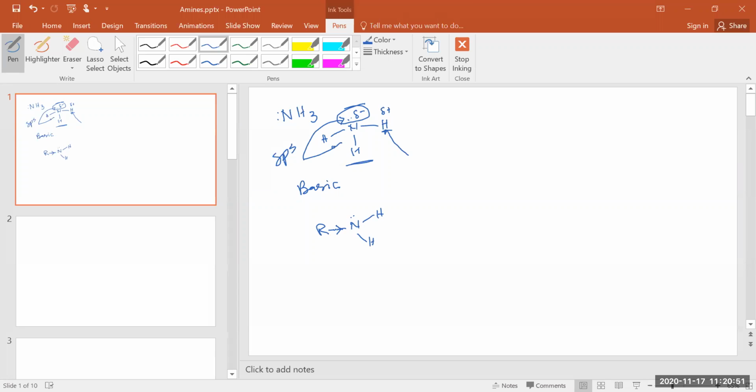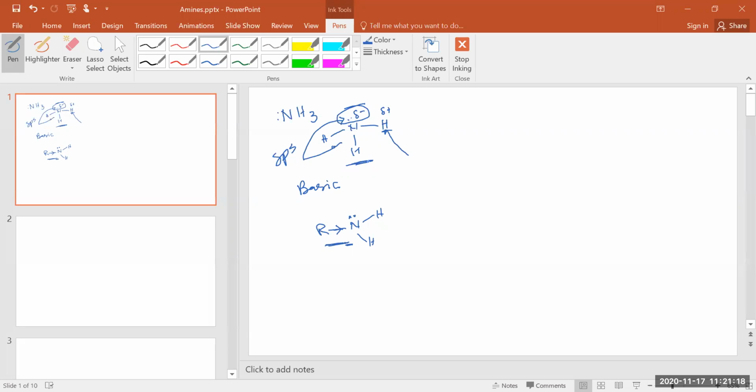It increases the electron density on nitrogen, but it is not 100% true. This is just a simple picture for you. The R group donates electrons, so it increases the electron density and it will increase the basicity. So alkyl amines are more basic than ammonia.